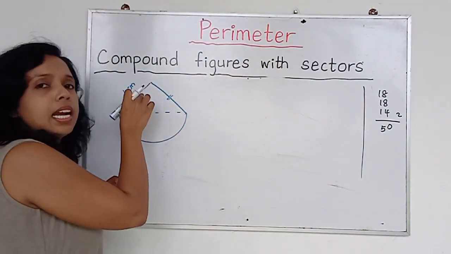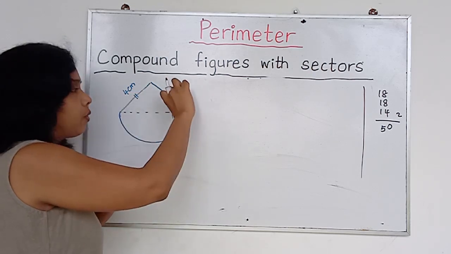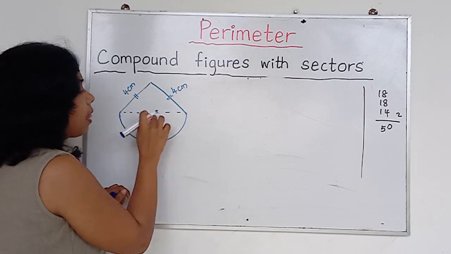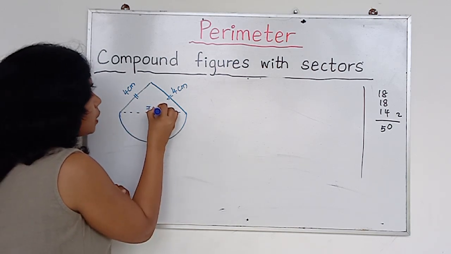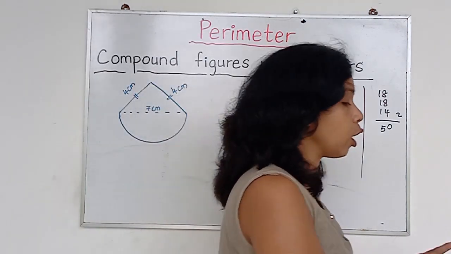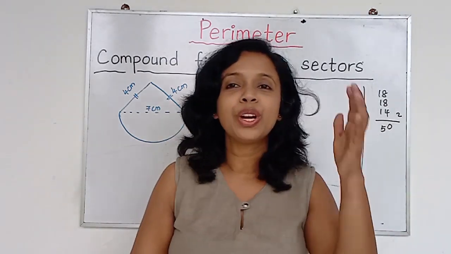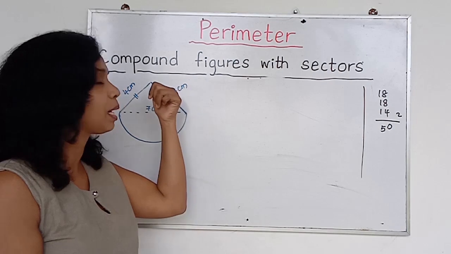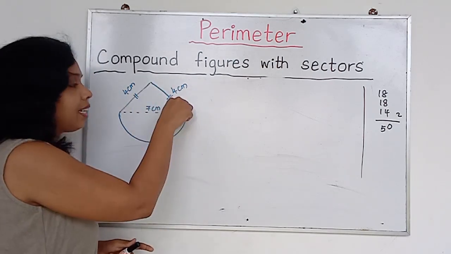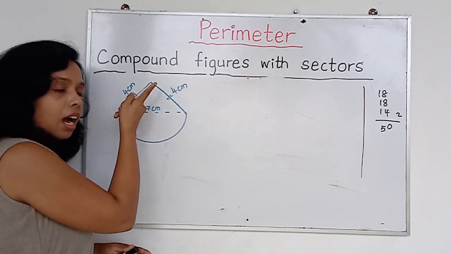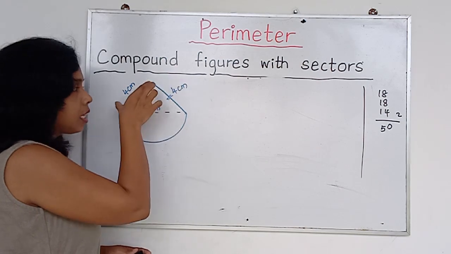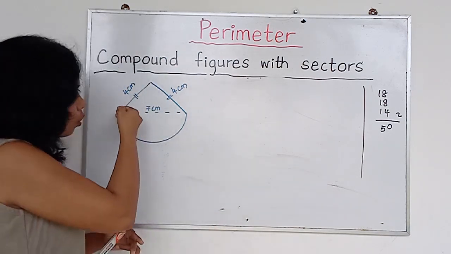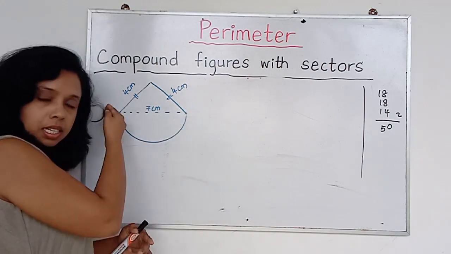If this side is 4 centimeters, definitely this side also should be 4 centimeters, and this length they have marked as 7 centimeters. Children, again you want to find the perimeter of this compound figure. You want to start from a particular point and go around like this, right? Now tell me, 4 centimeters, 4 centimeters. You want to take those two sides and find this length.